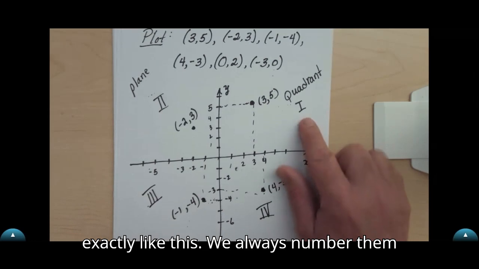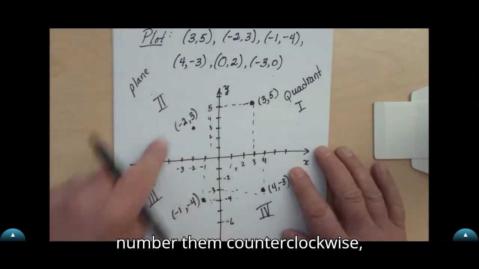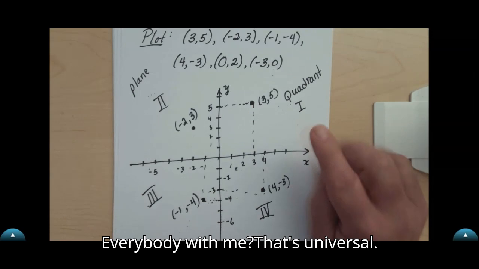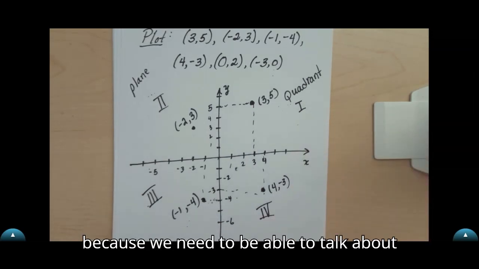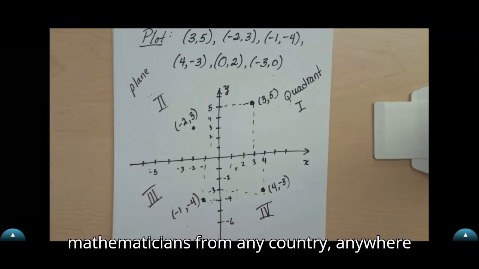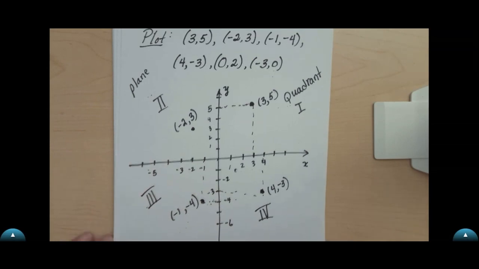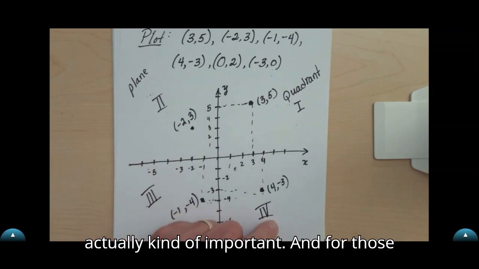We always number them exactly like this. We always number them with Roman numerals, and we always number them counterclockwise, starting with the upper right quadrant. Everybody with me? That's universal. It's important that it's universal because we need to be able to talk about the quadrants in a way that mathematicians from any country, anywhere in the world would understand instantly, because the quadrant a point lies in is actually kind of important.